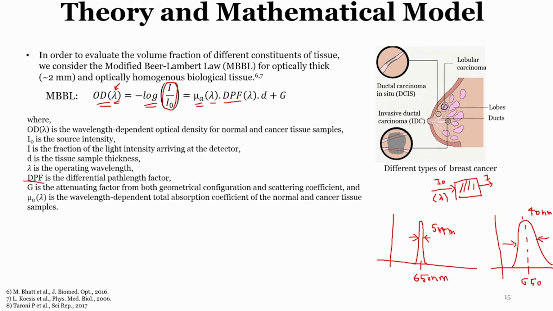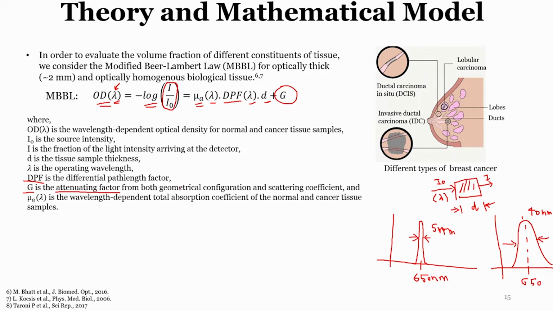Here is the definition of the differential path length, again a function of lambda, and then d is the thickness of the tissue. Finally we have the factor G. This G is the attenuation factor, from both the geometrical factors and the scattering coefficient, and we do not want this term.